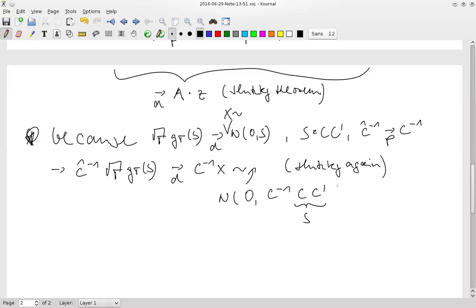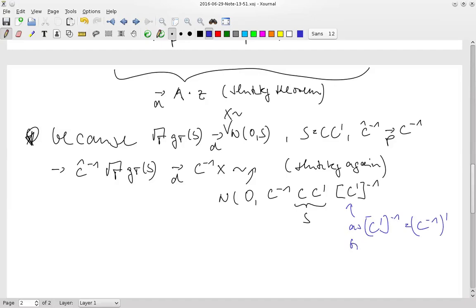That could be written as C prime to the minus 1. We should note, in order to write it like that, that C prime to the minus 1 is the same as C to the minus 1 prime.